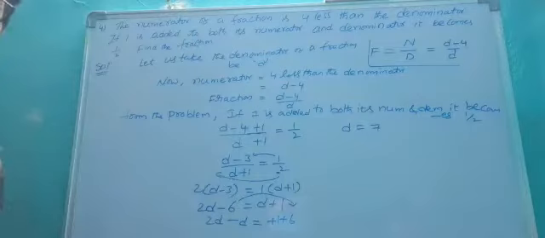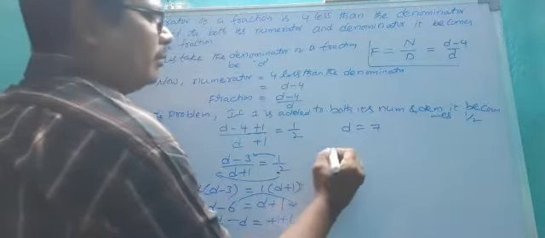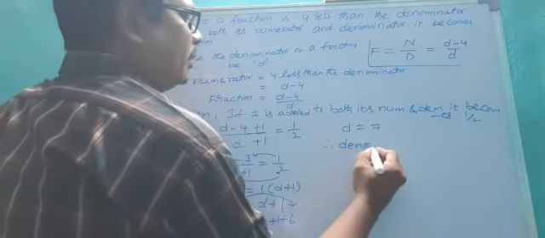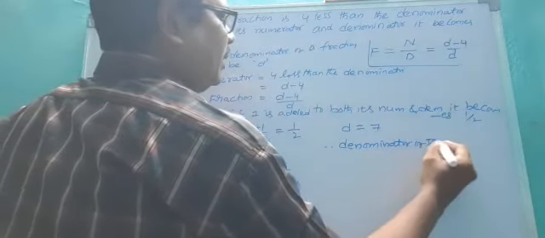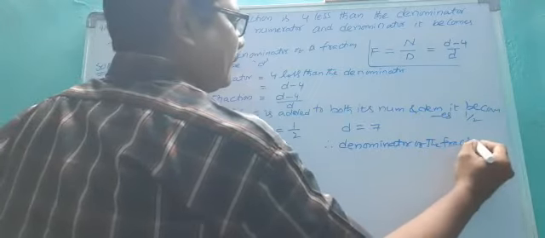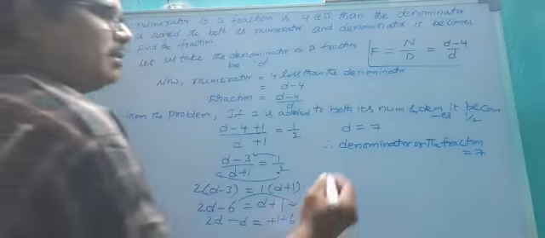What is d here? Here d indicates the denominator. Therefore, the denominator of the fraction is equal to 7. What is the numerator here?